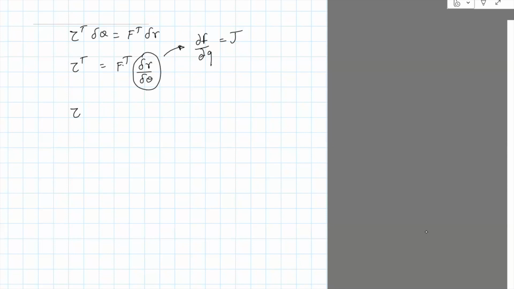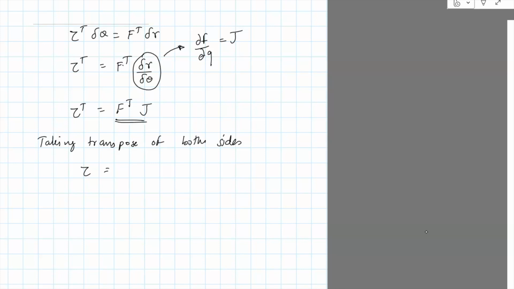And so we have tau transpose is F transpose Jacobian. Taking transpose of both sides, the transpose of transpose is that quantity itself.